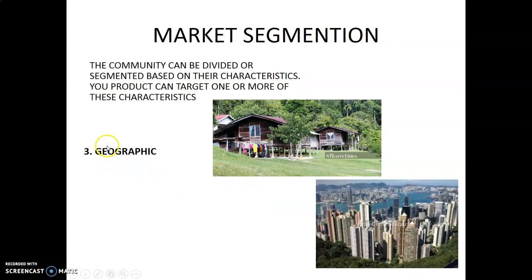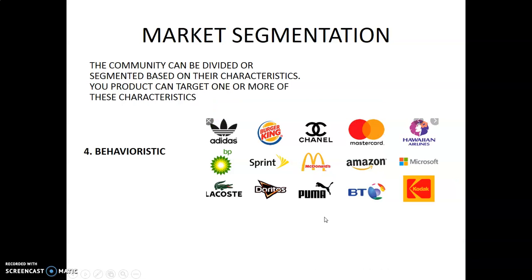Or it is about your geographic. Kampung people here, or urban people. It depends, they have different needs. Say IKEA is selling furniture for small spaces. Normally it is for high density places. And then behavioristic.